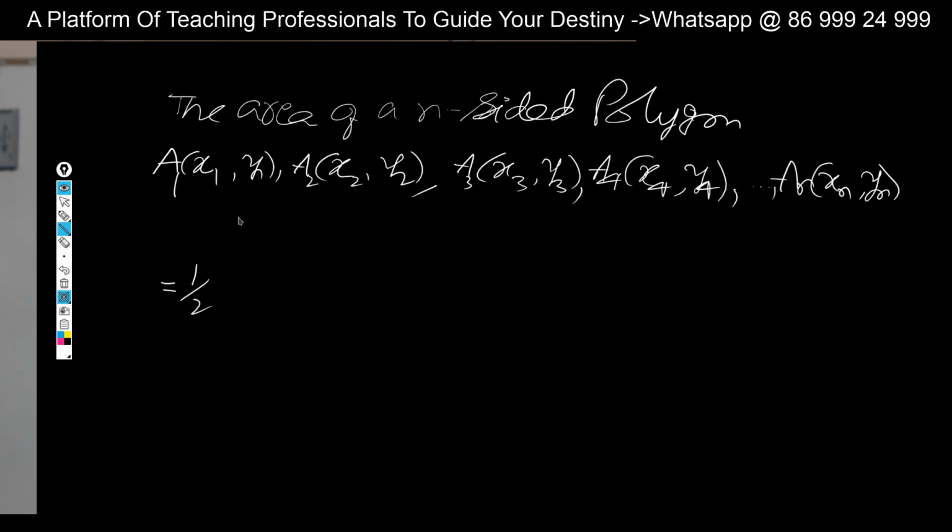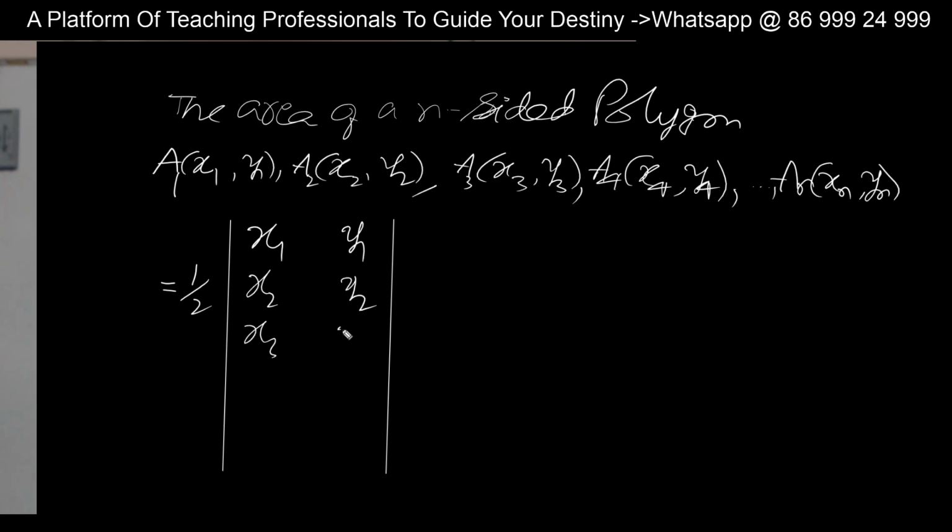This is half modulus of x1, y1, x2, y2, x3, y3, x4, y4, and so on, xn, yn.